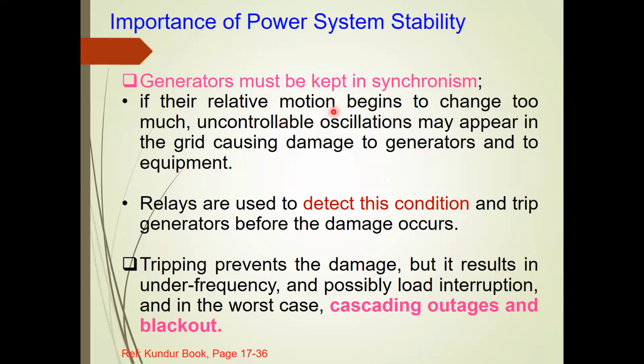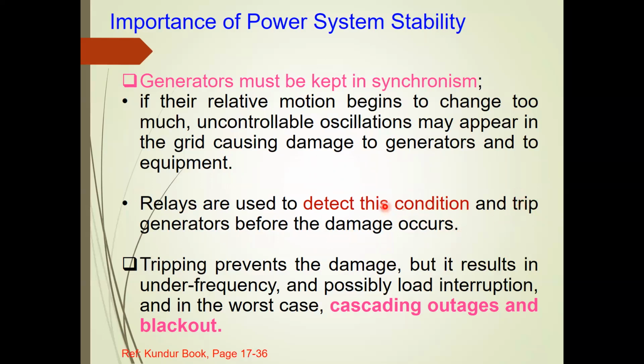So if you observe undesirable behavior in the form of oscillations on the shaft, it may damage the generator or even other equipment. Normally, against this damage, we use relays, which can detect such a condition and trip the generator before the damage occurs.